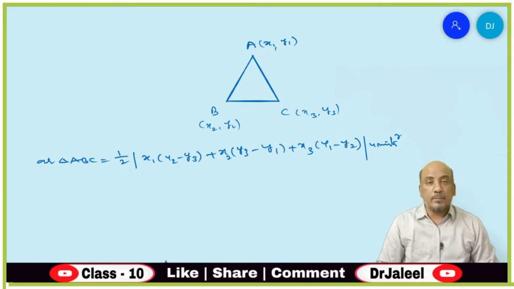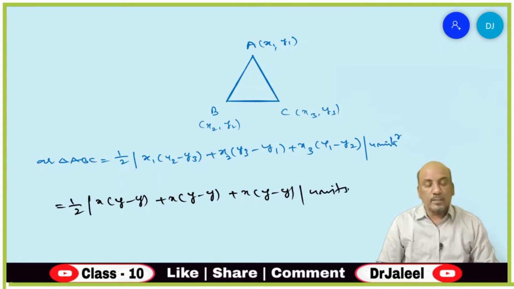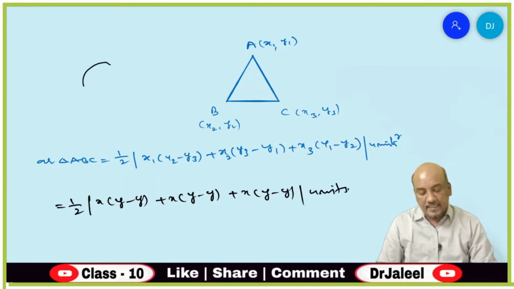Children, to remember this formula easily, you can write it in this way: x(y minus y) plus x(y minus y) plus x(y minus y) unit square, and these 1, 2, 3 are cyclic. Suppose you start from 1, you write 1 2 3.